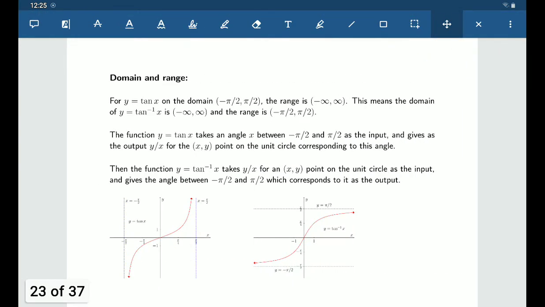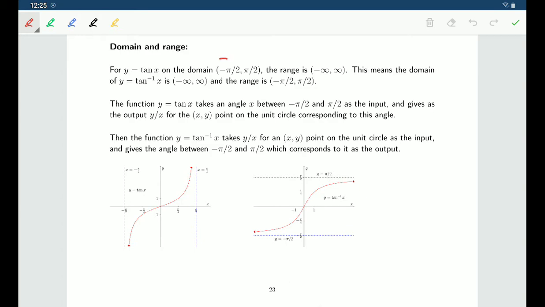Same thing that we said before, of course, whatever the domain of tangent is, that's the range of tangent inverse. So the domain of tangent is negative pi over 2 to pi over 2, so the range of tangent inverse is the same thing. Now here's something nice. Since the range for tangent is all real numbers, unlike sine and cosine where there was a maximum and a minimum value, for tangent it goes up to positive infinity and down to negative infinity.